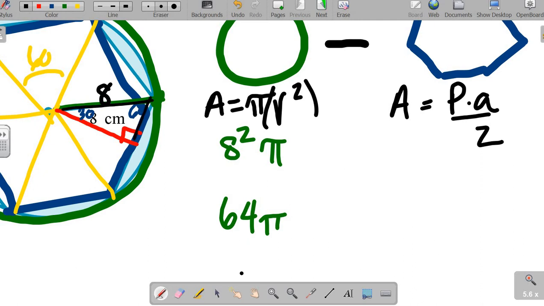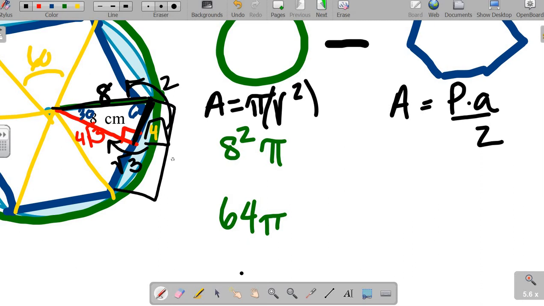That would be our short leg. 30, 60, 90: short leg, short leg root 3, short leg times 2. That would mean our short leg is 4, and our apothem was 4 root 3, which means our side length is going to be 8.